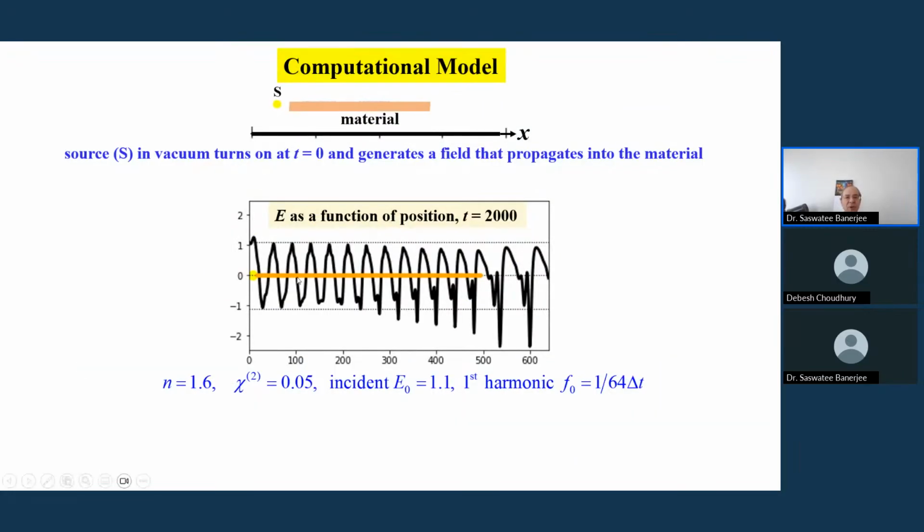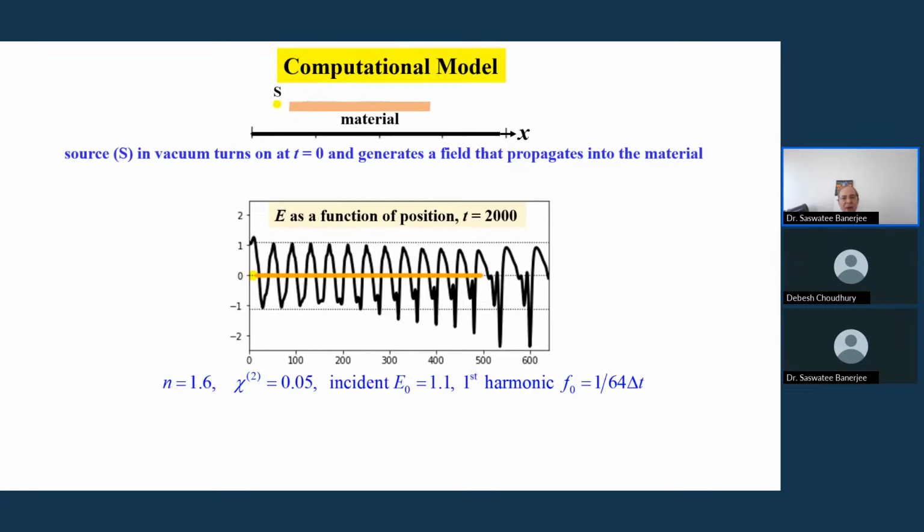So here is the computational model. We have a light source in the vacuum, and it shines. This yellow dot is the light source, and the orange material is the nonlinear material. It shines into the material, and I propagated some number of steps.